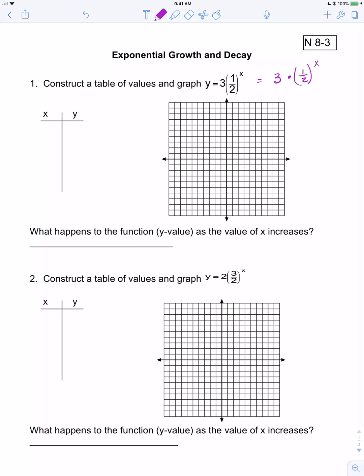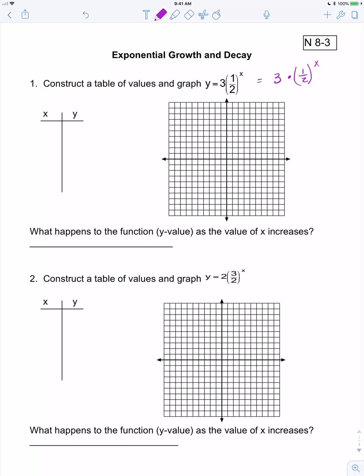Now you can figure this out by hand by putting in random x values if you want to, or you can go to your graphing calculator and put it under y equals and then go find out what some of these values are. So let's just take a few of the values.